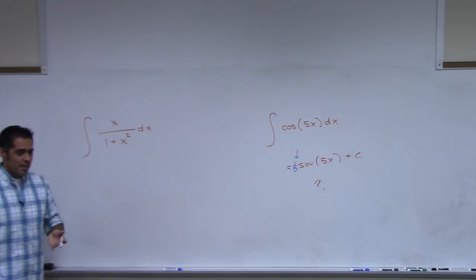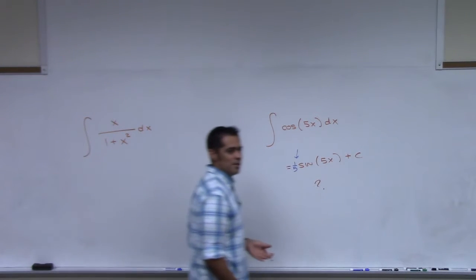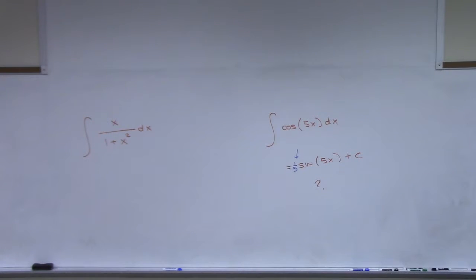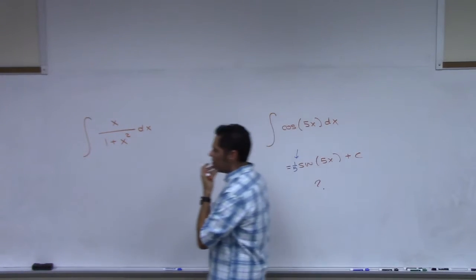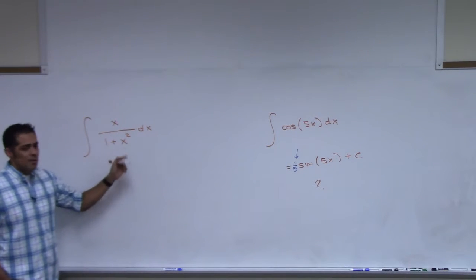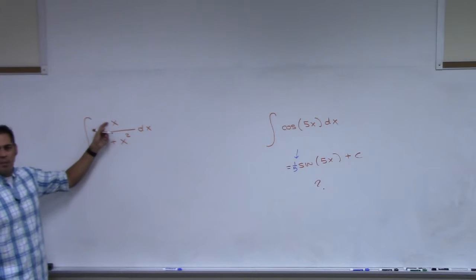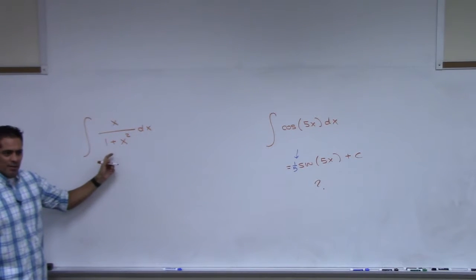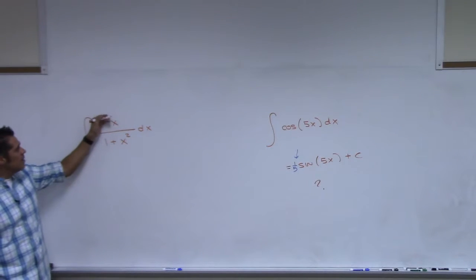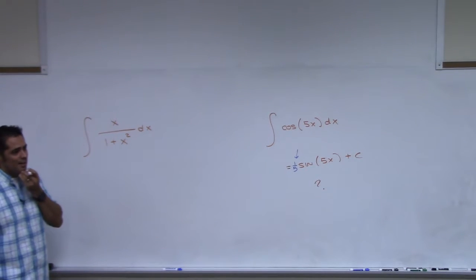Are you thinking arctan? Right? Because you see the 1 plus x squared? Turns out that that's not going to do it, though. So that one definitely is weird, right? Maybe there's a way. So can you do long division? Well, you're not supposed to do long division if the power up here is smaller than the power down here. Long division is only really valid when you have a power up here that's greater than or equal to down here. So that's not going to work either.